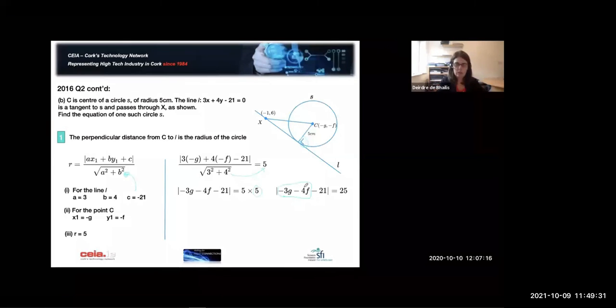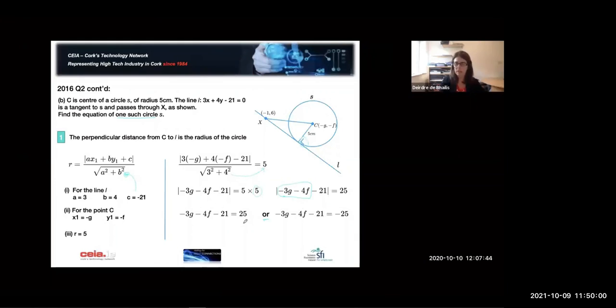So what we want to do is take a look at both cases. When we remove the modulus, one possible answer is positive 25, but there's another possible answer that's minus 25. Fortunately, the question says to find the equation of one such circle S. So solving these will give us two different circles.